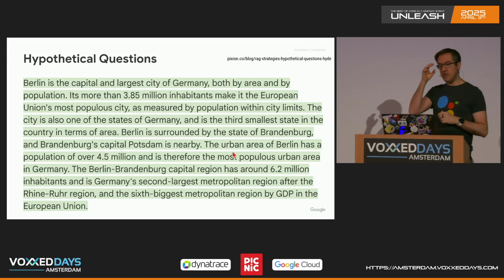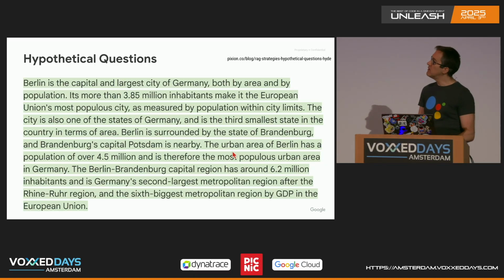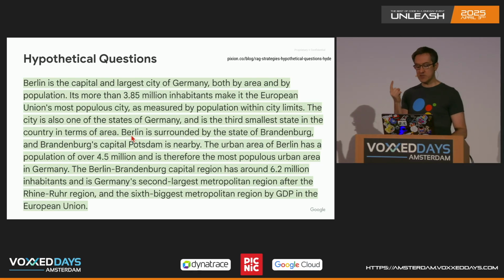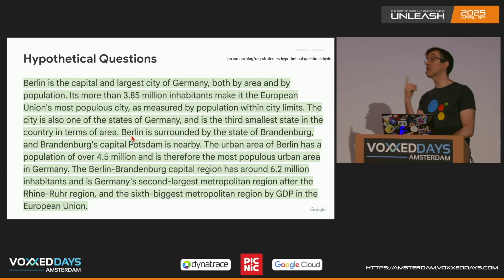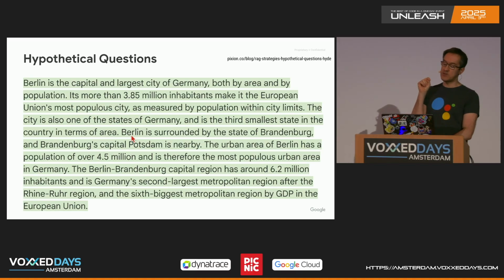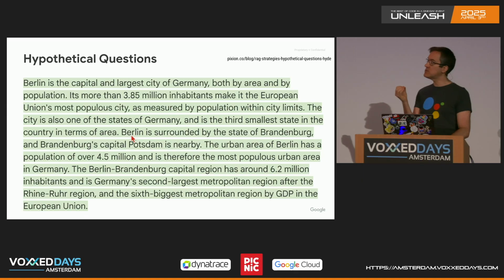And if you do this recursively, you could actually stop at, let's say, a paragraph, but use what we call hypothetical questions, which means that for a given paragraph, you're going to ask the LLM to invent some questions that would be answered by this paragraph.